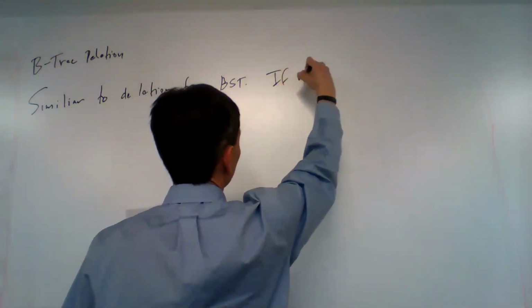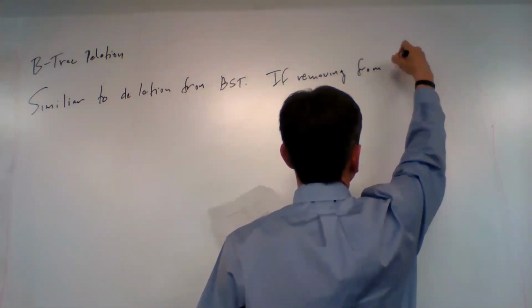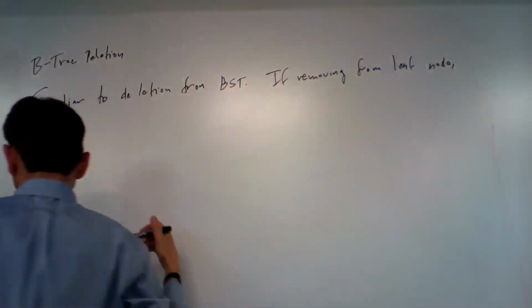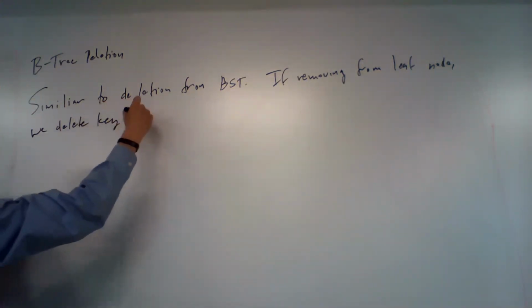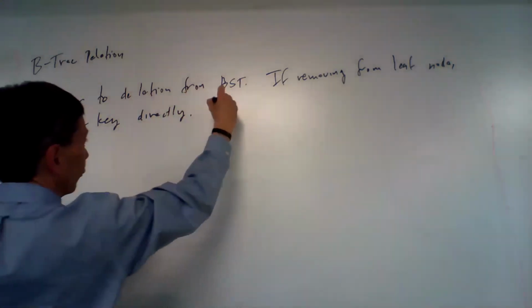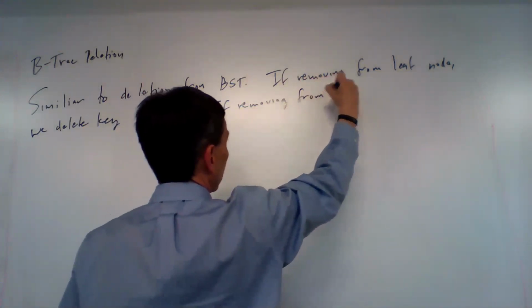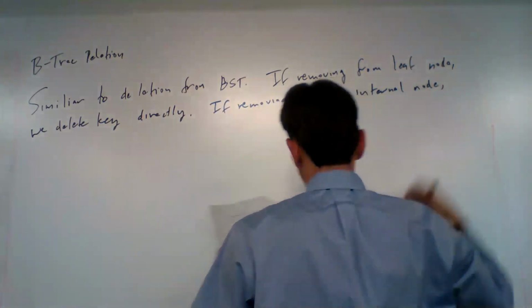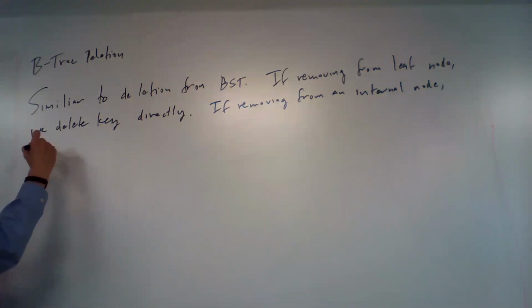So if we're removing from a leaf node, we delete the key directly. And if we're removing from an internal node, we delete the key and promote its predecessor or successor.